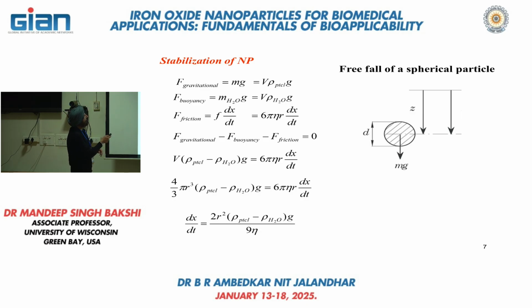So mass can be volume multiplied by the density of the particle, and this is the gravitational pull, right? And there is another force which is applying on the suspended particle, that is the buoyancy. So what is that? It is the mass of the water molecule multiplied by the gravity. So again, mass can be the volume and the density of water.